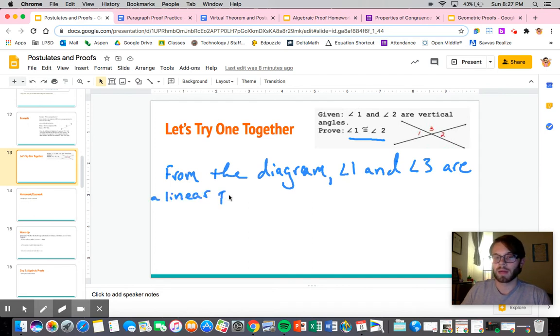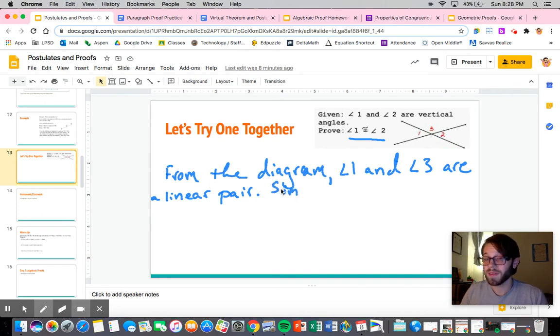Okay, so you can use the diagram and the other illustrations that you're given to justify your claim, right? If you can see that clearly something is true, you don't have to just ignore it. You can say that they are a linear pair from the diagram. That is perfectly acceptable.